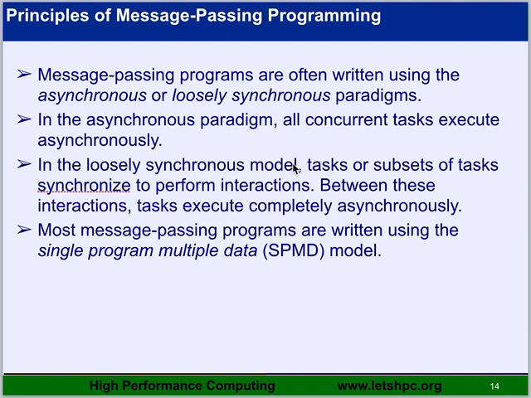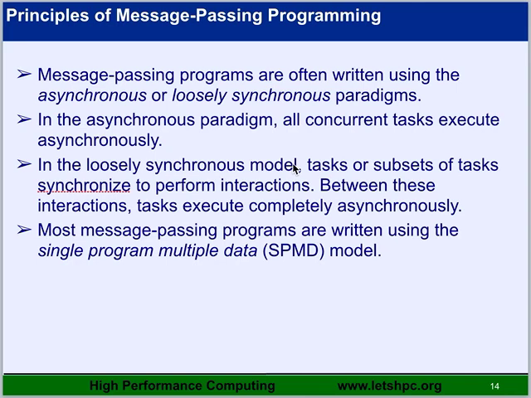So as I was discussing, message passing programs are often written using the asynchronous or loosely synchronous paradigms. So in the asynchronous paradigm, all concurrent tasks execute asynchronously. So they basically do not depend on each other. So suppose there are two tasks, they are not in synchronization with each other.